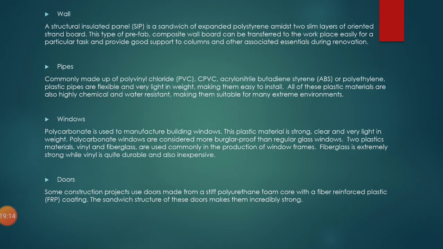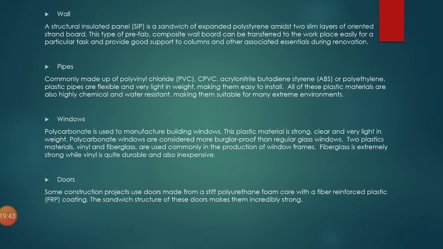Two plastic materials, vinyl and fiberglass, are used commonly in the production of window frames. Fiberglass is extremely strong, while vinyl is quite durable and also inexpensive. So using plastics for windows with the introduction of fiberglass will result in a quite durable and also inexpensive piece of equipment.